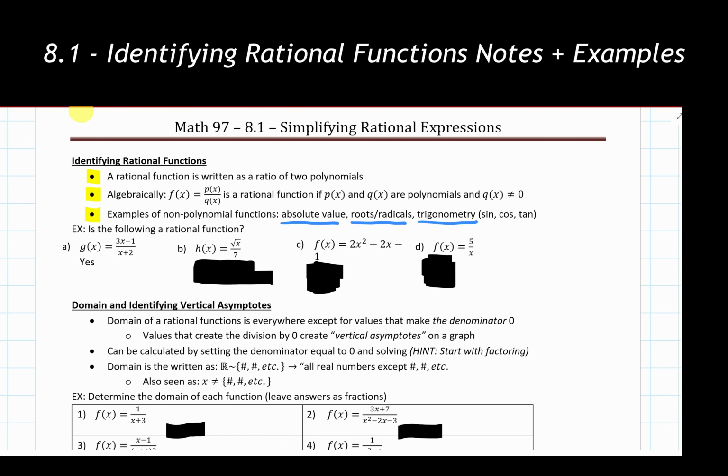Let's take a look at B. We're given h of x is equal to the square root of x divided by 7. Well, look at the denominator: this thing actually is a polynomial. It's just written in a non-conventional way. We're used to seeing it written with x's and other terms, but we can have a one-term polynomial, a monomial, in that instance. I look at the numerator and notice I have a square root of x.